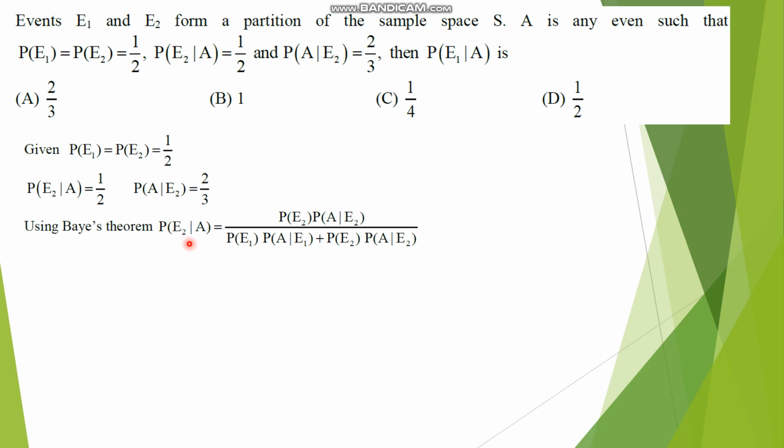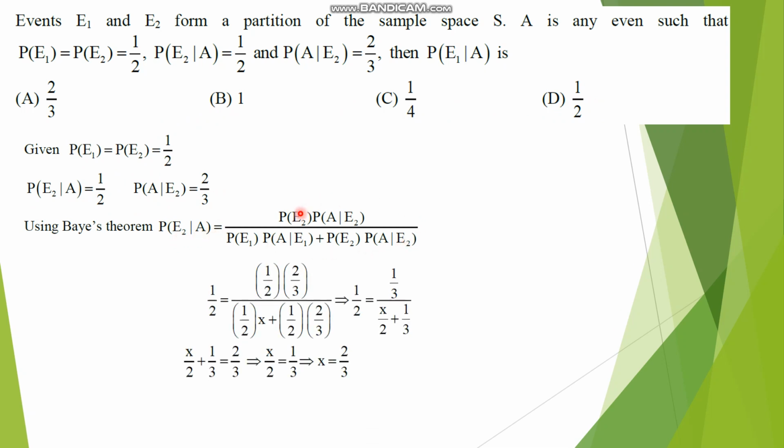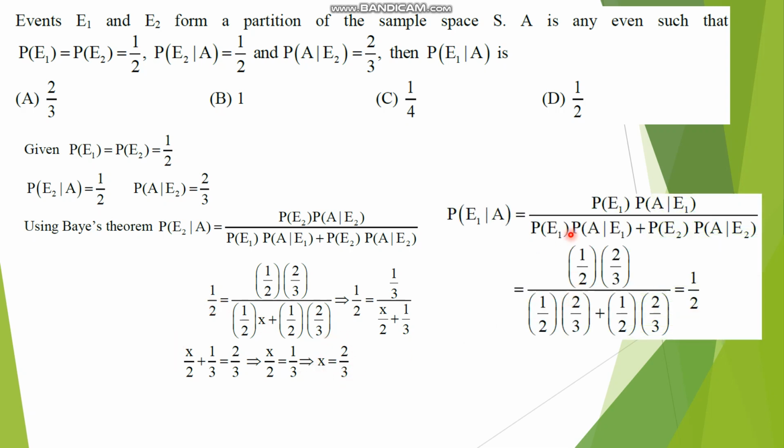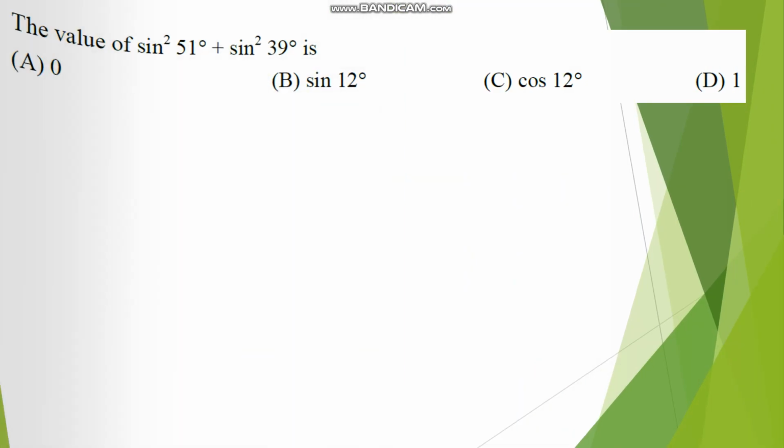But what is the formula for P of E2 given A? So this is your Bayes theorem. And when you apply the values and simplify it, we don't know the value of this P of A given E1. So we can take it as x. And when you simplify, x will be 2 by 3. Now, P of E1 given A, this is the formula. Now we know all these values. And when you substitute, the answer will be 1 by 2, which is option D.